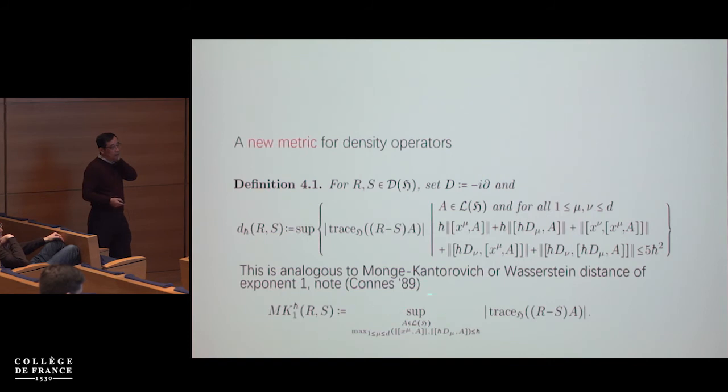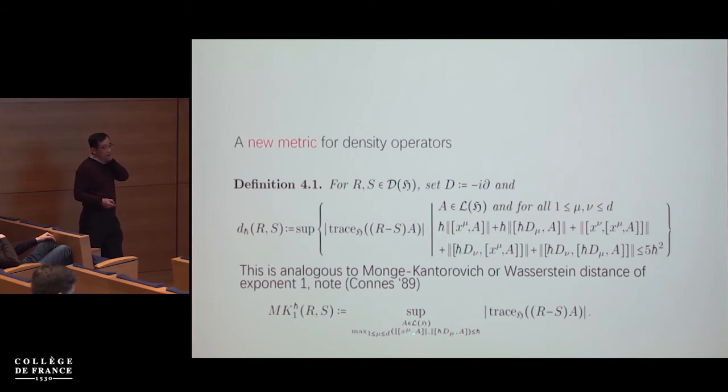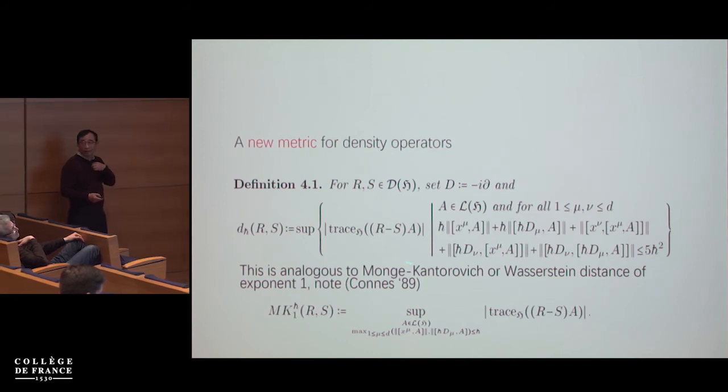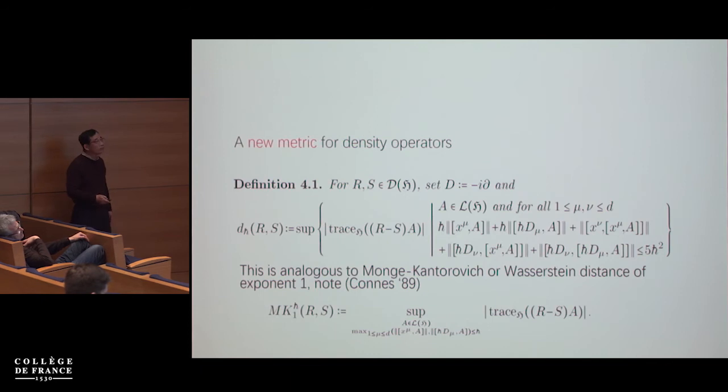Except in the classical Monge-Kantorovich distance, you have this constraint, which only involves the first order commutator. But here we need a second order commutator. That's really because of this random batch business, all right? You have to also control this second order commutator.